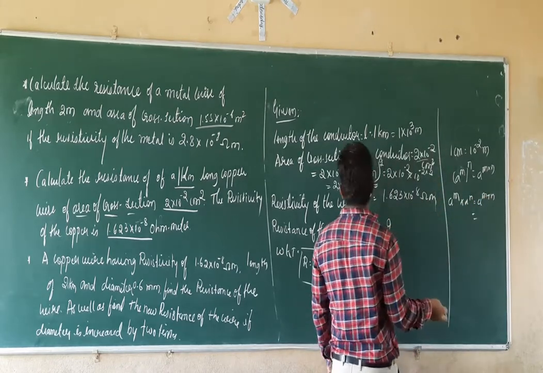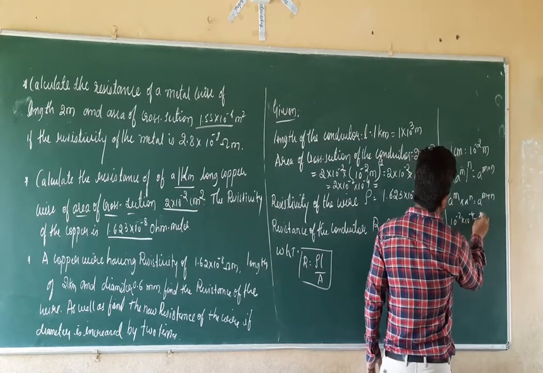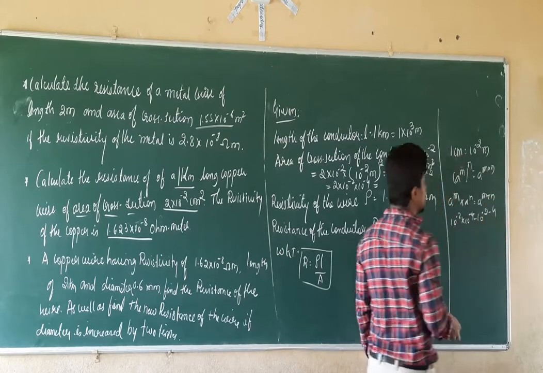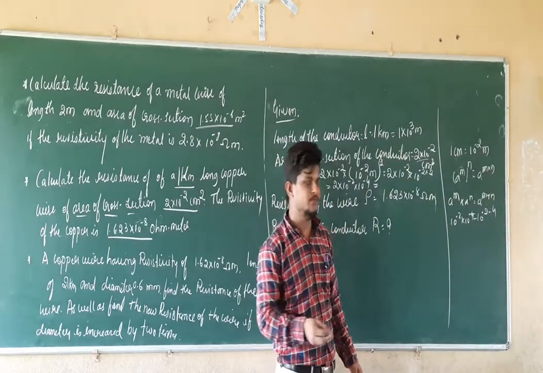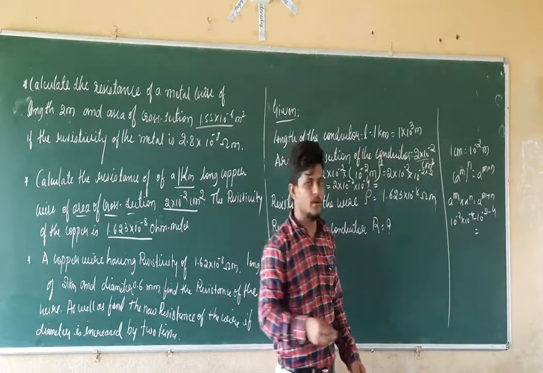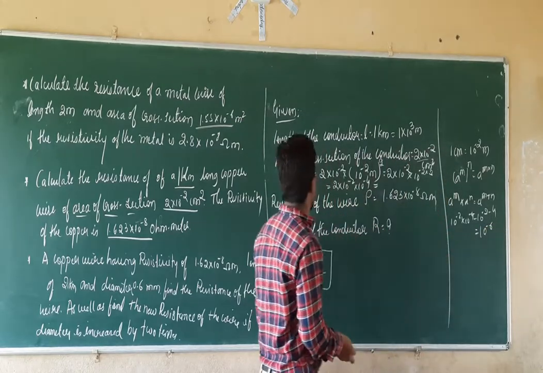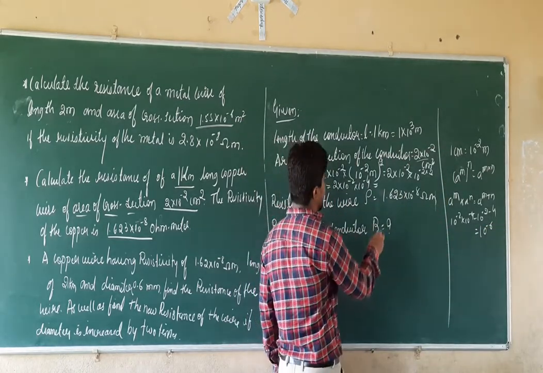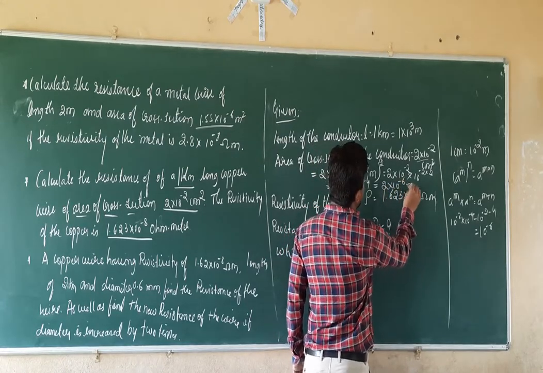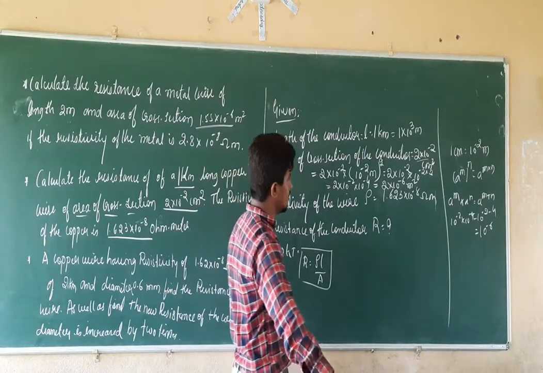So if you take here 10 raised to minus 2 into 10 raised to minus 4, it will become 10 raised to minus 2 minus 4, which is equal to 10 raised to minus 6. So the answer for the area of cross section here is equal to 2 into 10 raised to minus 6 meter square.